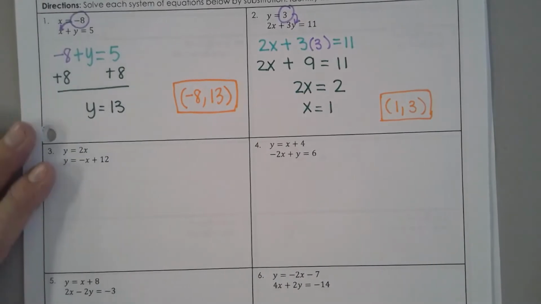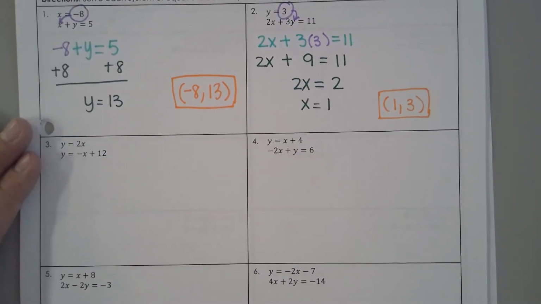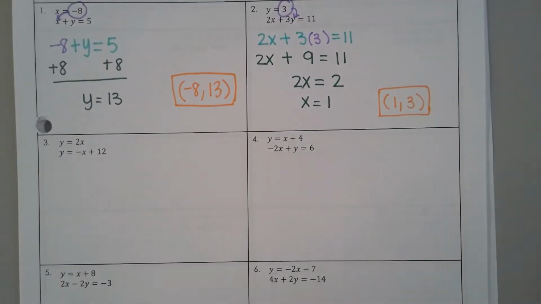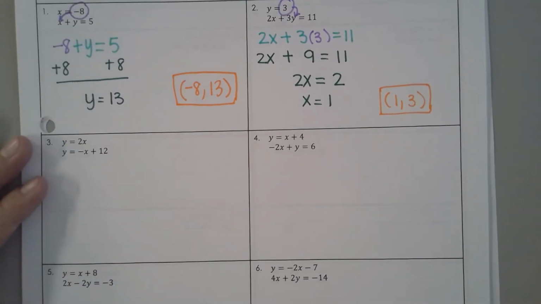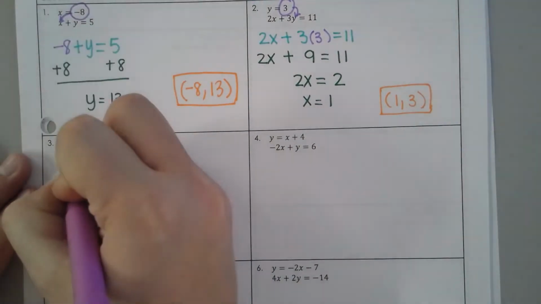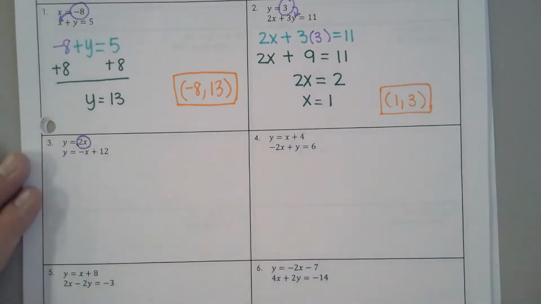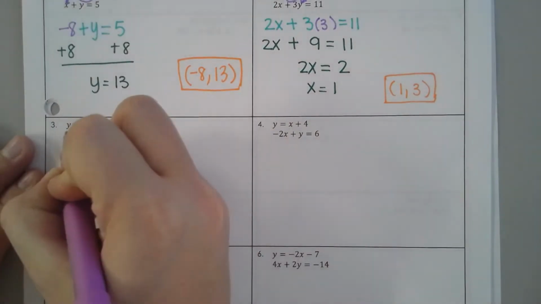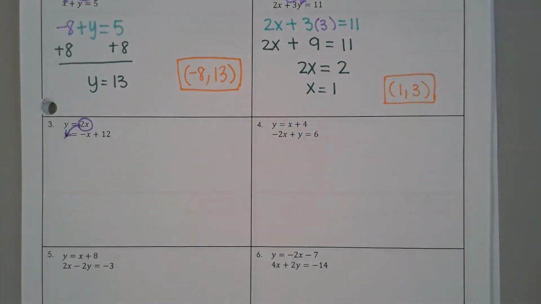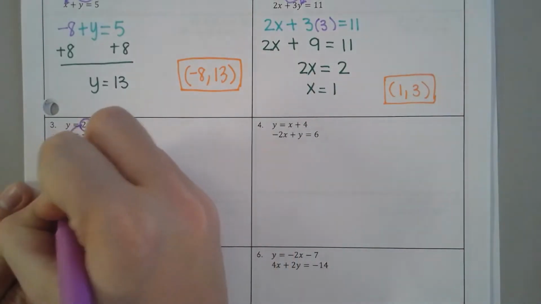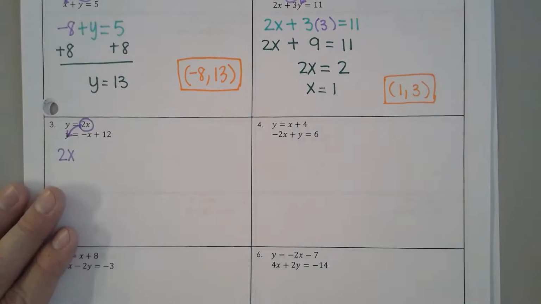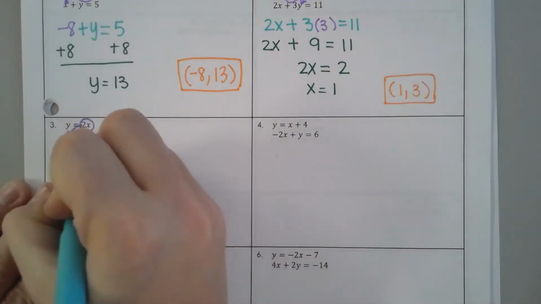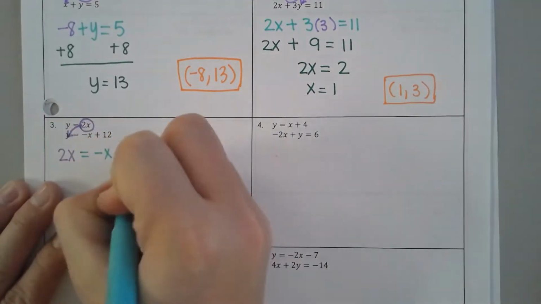Number 3, we actually have both of them set y equals. So it doesn't matter which one you pick. I'll just pick the first one. So if y equals 2x, I can plug that 2x in for the other y. So that would be 2x equals negative x plus 12.